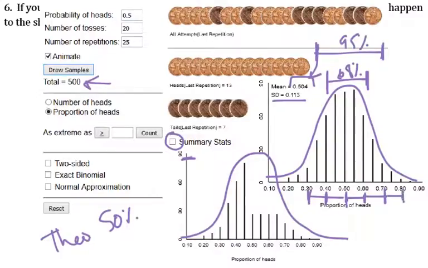So if we go 3 standard deviations out, that's pretty much covering everything, right? That's our 99.7%. So you can see that the more repetitions you do, the more normal of a curve we get. So that shape and that spread follows the normal bell curve.